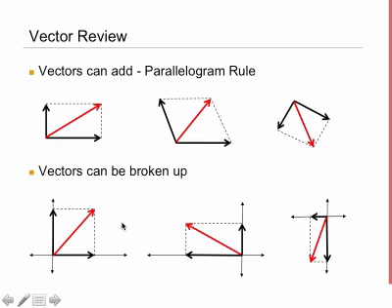So, first up, we'll do a little vector review. If you remember, vectors can be both added together and broken up. For example, we've got our two vectors here, the black vectors. If we have these two black vectors, we can add them together to make this red one.